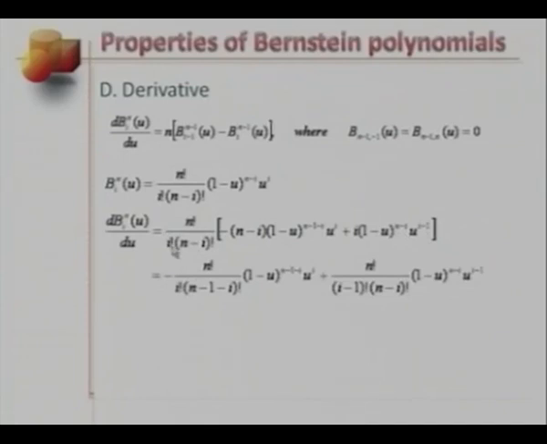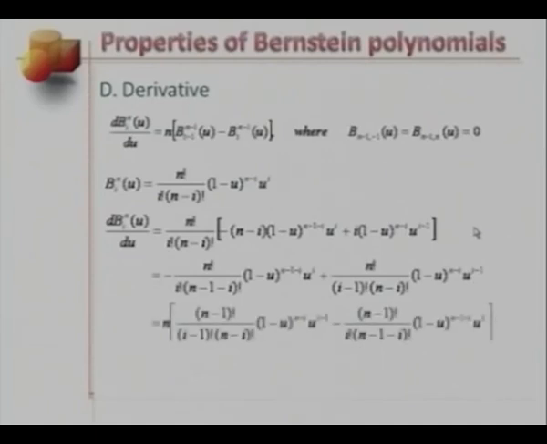We absorb this term inside to get n factorial over i factorial (n minus 1 minus i) factorial times (1 minus u) raised to n minus i minus 1 times u raised to i, plus n factorial over (i minus 1) factorial times (n minus i) factorial multiplied by (1 minus u) raised to n minus i times u raised to i minus 1.